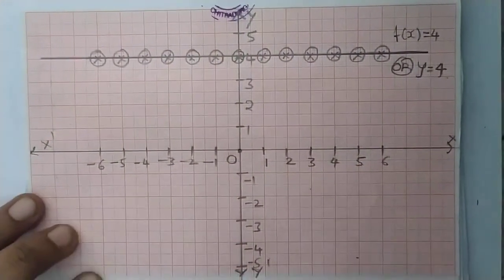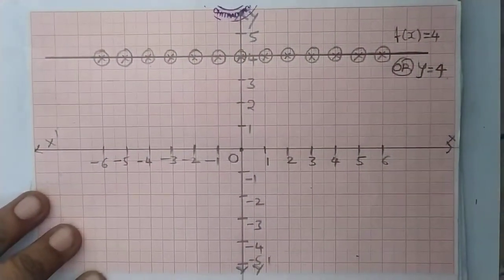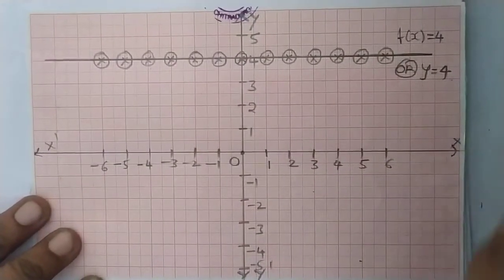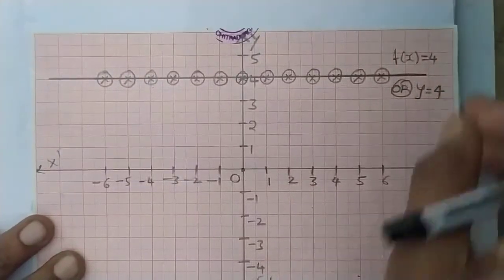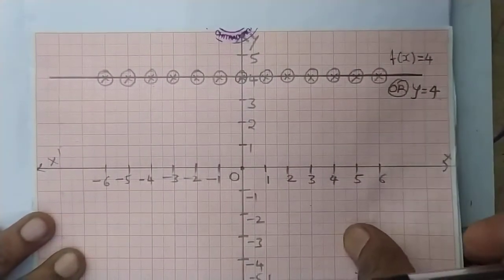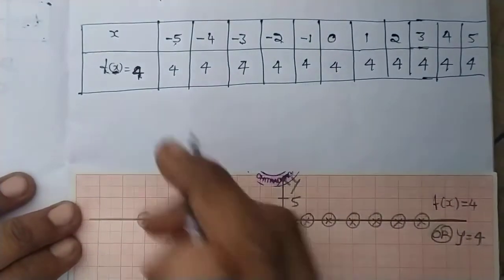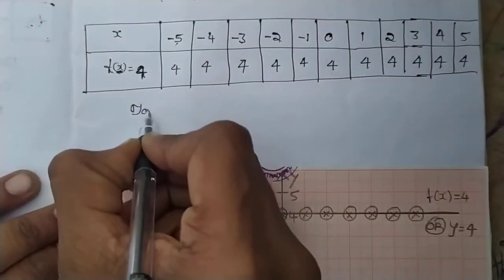Now, what about the domain, codomain, and range for this constant function?